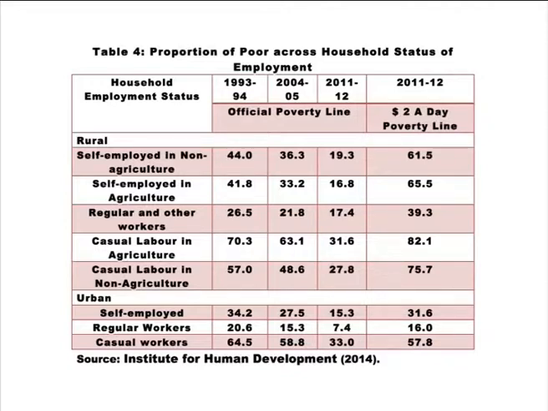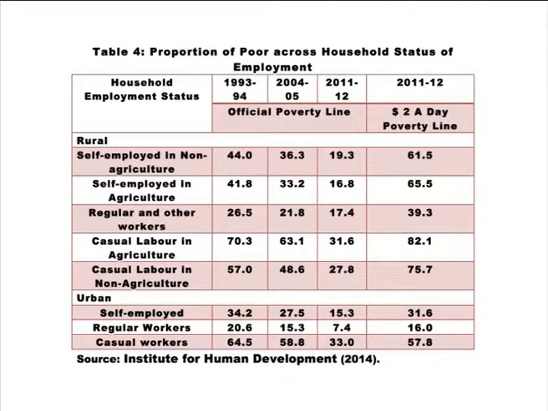Things get worse if we extend the poverty line to $2 a day in purchasing power parity terms. We can see from this table that about 76% of the casual workers in non-agricultural activities and 82% in agricultural activities in rural areas, and 58% of the casual workers in urban areas, live below the international poverty line of $2 a day.